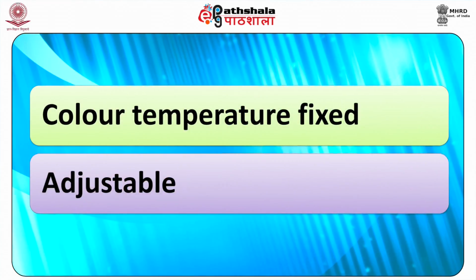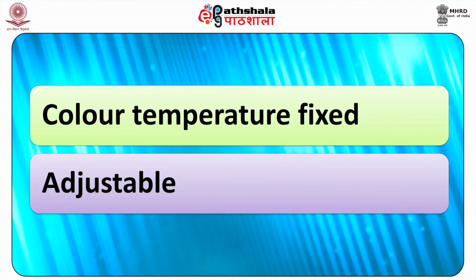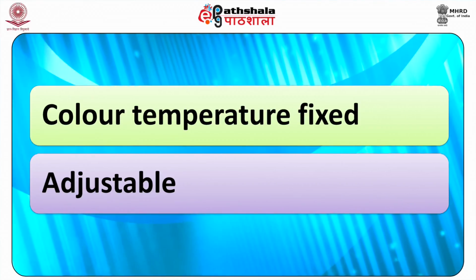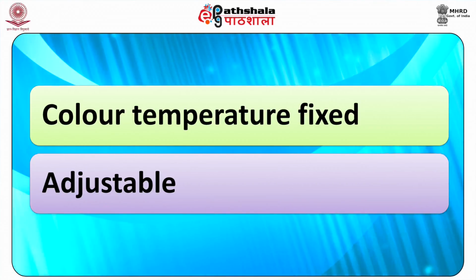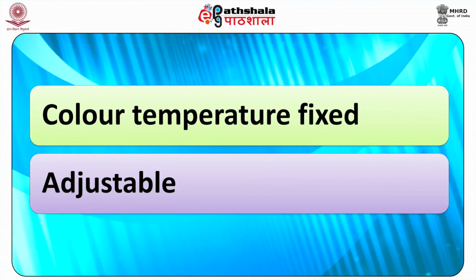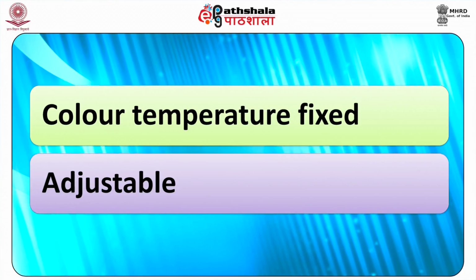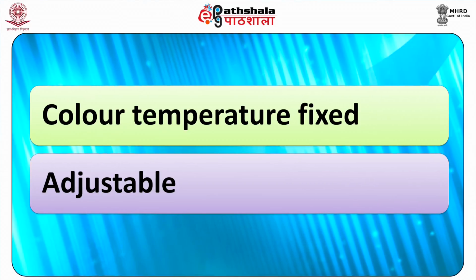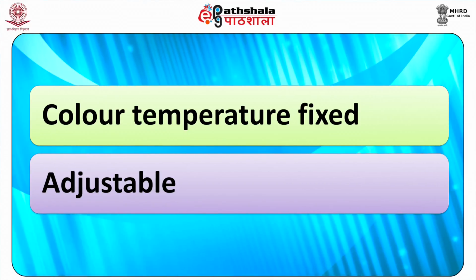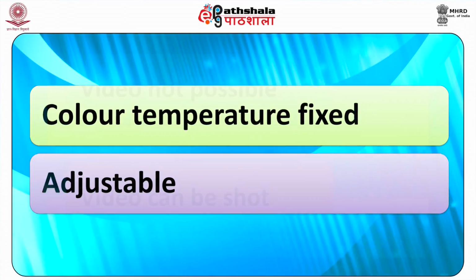Now in case of film photography, films are manufactured for a particular color temperature, daylight type or tungsten light type. While in case of digital, color temperature can be adjusted on a digital camera according to external light condition or the requirement.